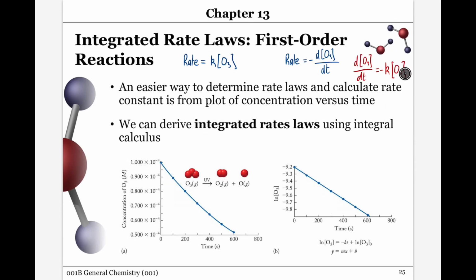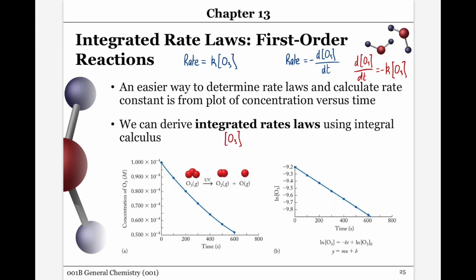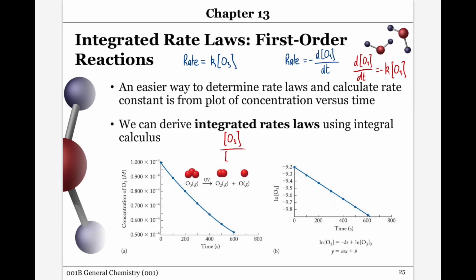What we can do, though, is actually integrate this derivative, and what we'll obtain is an integrated rate law. Now we're not going to go into the calculus associated with actually doing this integration, but the result that we obtain is that the concentration of ozone at any time t divided by the ozone concentration at the very start is equal to the exponential of minus K times t.